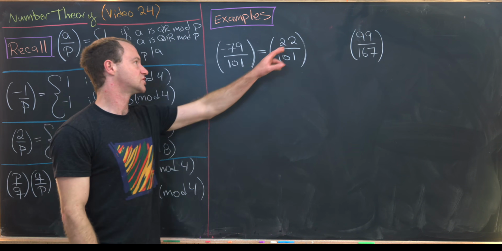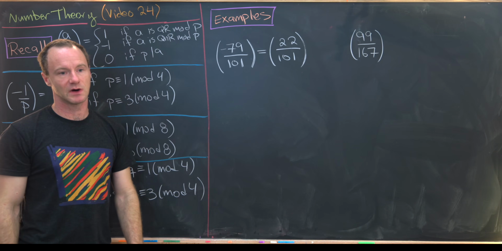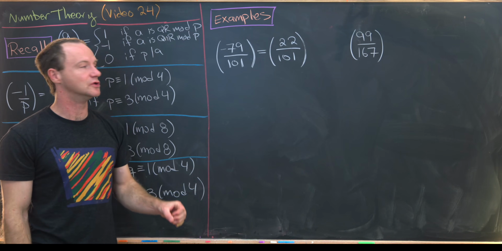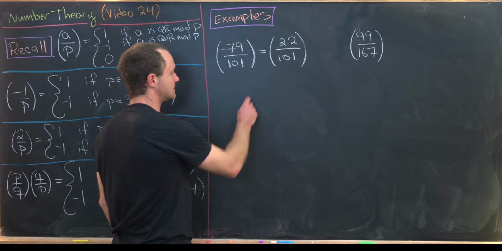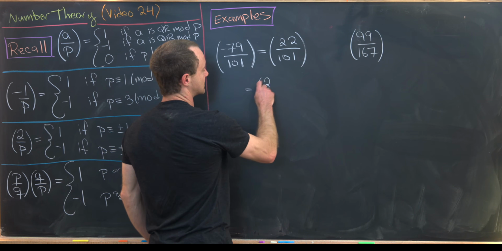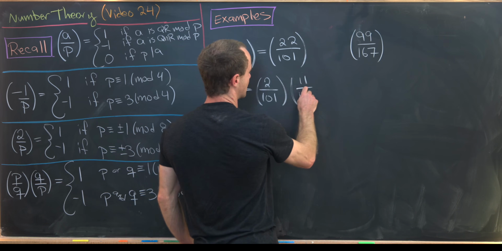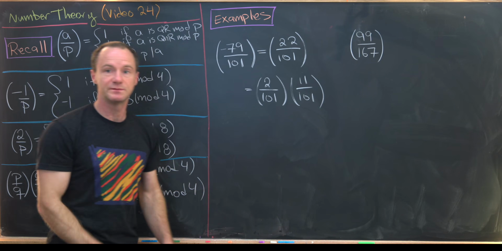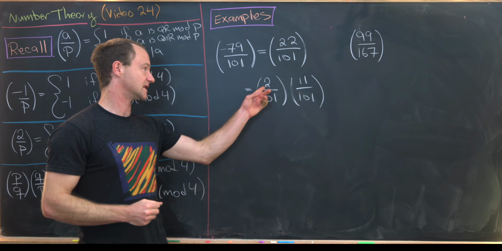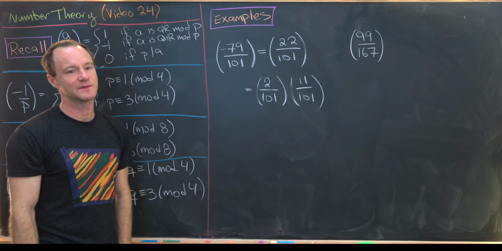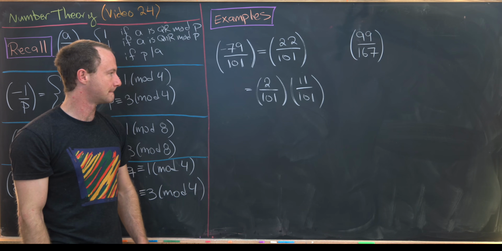In other words, 22 is congruent to -79 mod 101. Now we can factor this 22 into 2 times 11. That gives us the Legendre symbol 2 by 101 and then 11 by 101, because if you've got a composite at the top, you can factor that Legendre symbol. That's again something we proved in a previous video.